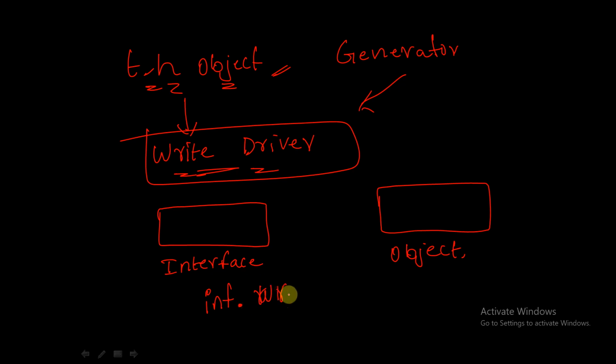So write_enable is equal to our transaction object name, which is given to our write driver from our generator. Let's say this object name is t_h. So t_h dot write_enable. What we are doing basically is extracting variables one by one from this object.